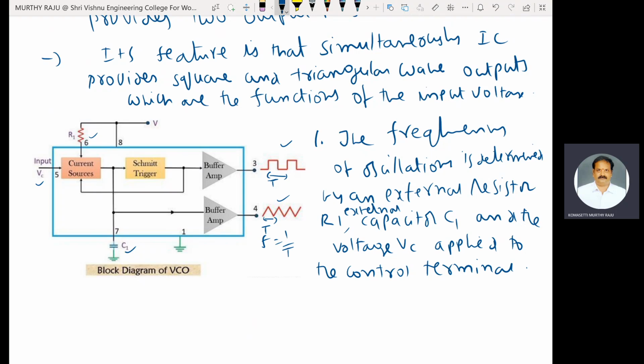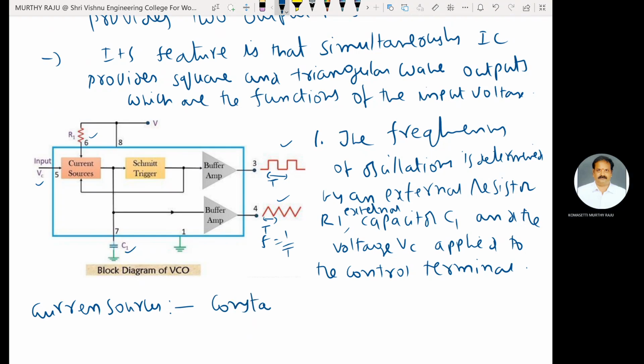The triangular wave is generated by alternately charging the external capacitor by one current source and then linearly discharging it by another current source. Here the current source is called a constant current source, and the other is a sink.